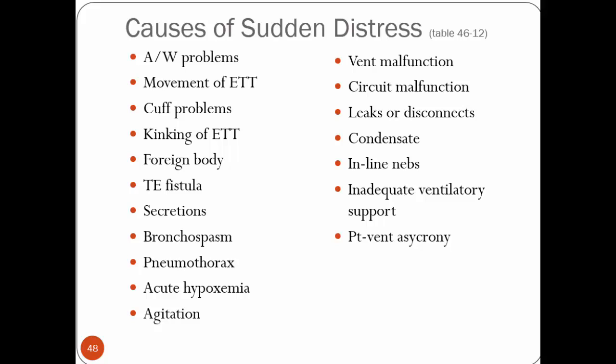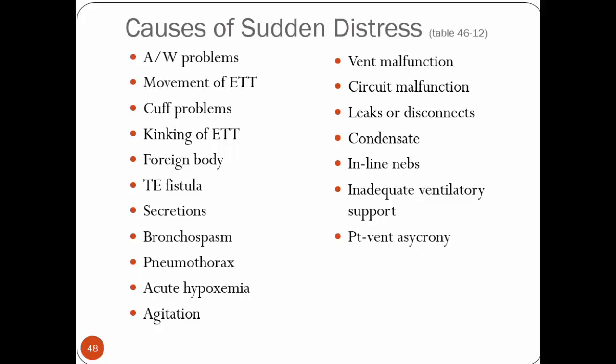If it's agitation type stuff, then some sedation might be required, although I'm always hesitant to sedate the patient if they offer that as an option. Vent malfunction, it certainly happens, thank goodness not very often, but that's the reason we have that bag in the room. Same thing with the circuit, if it becomes disconnected or unusable for some reason.